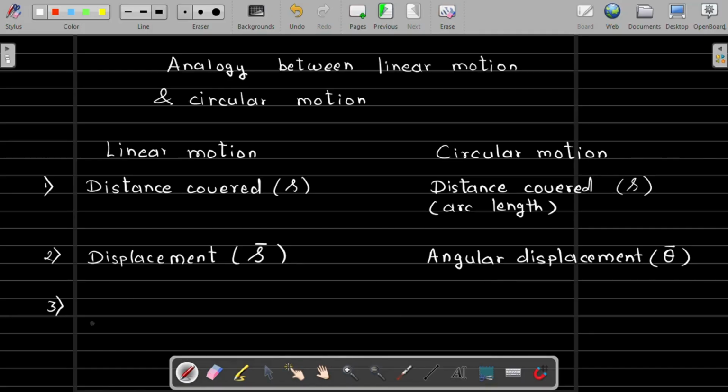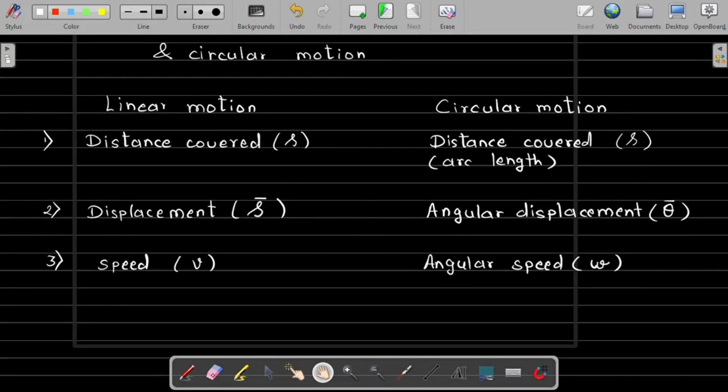Third one, here it is the speed. We denote it by symbol V. Here it is angular speed, omega. Because we are writing speed, no need to put a bar over the symbol.